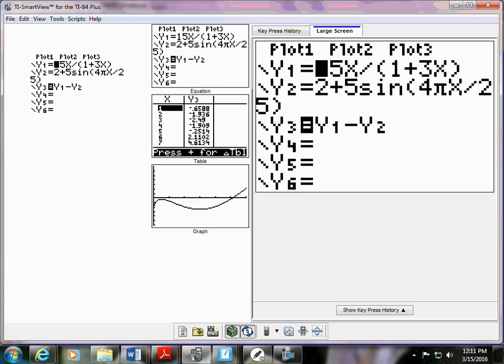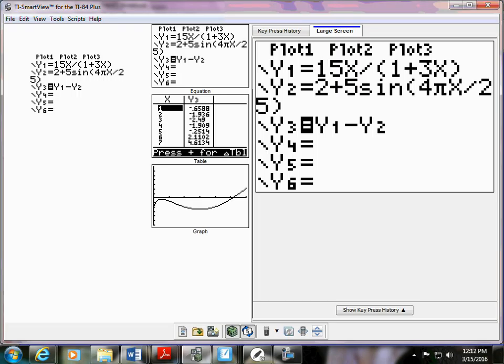S of T goes in Y1. That's your rate in. R of T in Y2, rate out. Oh, and make sure you're in radian mode, physics kids. Always radian mode.